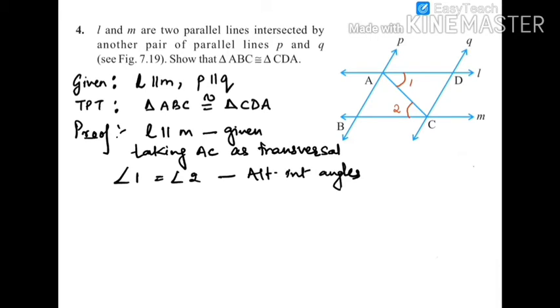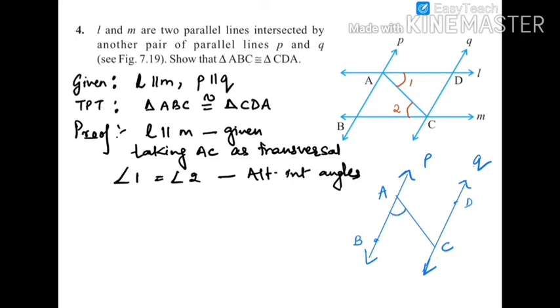Now consider the other set of parallel lines that are given in the question, that is lines P and Q, and consider transversal AC cutting these two lines. Locate the interior angles in this figure.